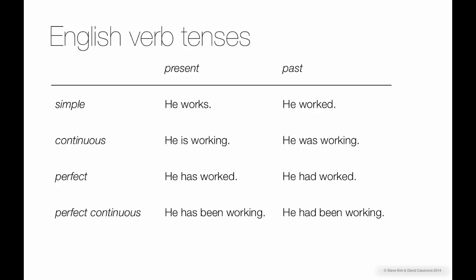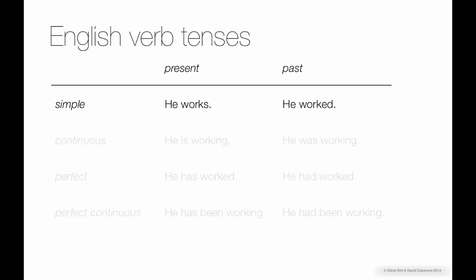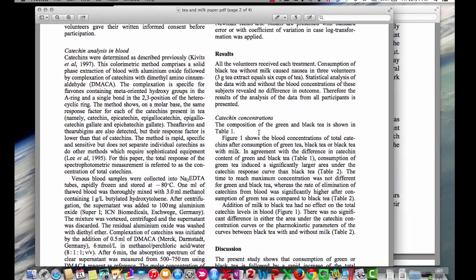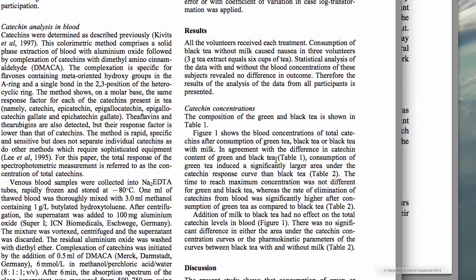Now let's talk about the words that you need to describe your results. First, the results section uses these two tenses. You can see in this paper about the effect of different kinds of tea on catechin levels, that it uses past tense to talk about the results. Okay, consumption of green tea induced a significantly larger area. Okay, was not different.